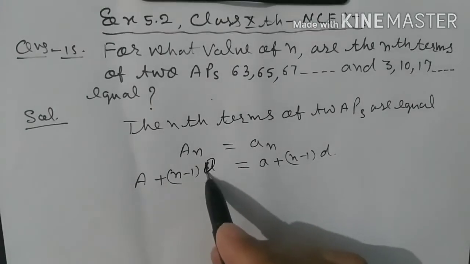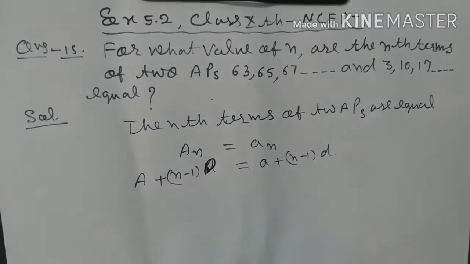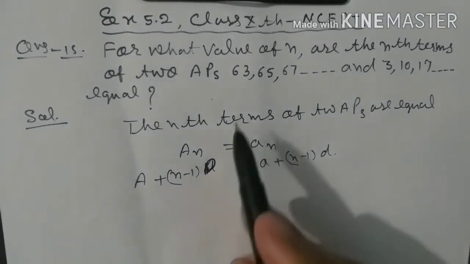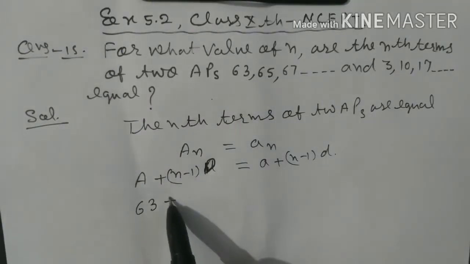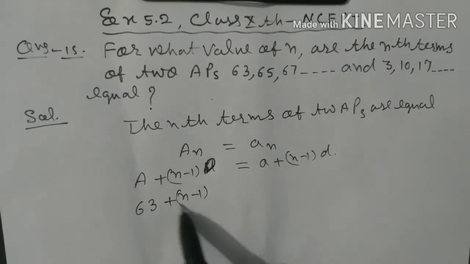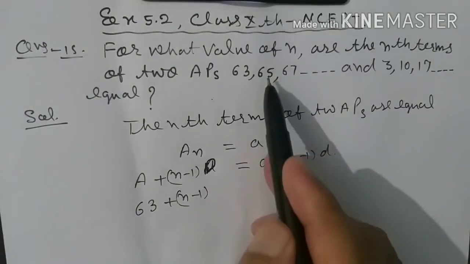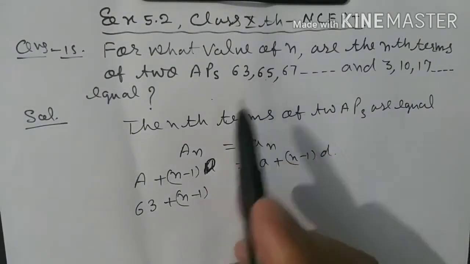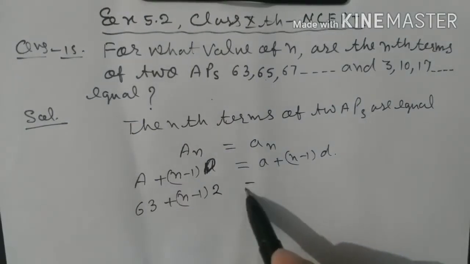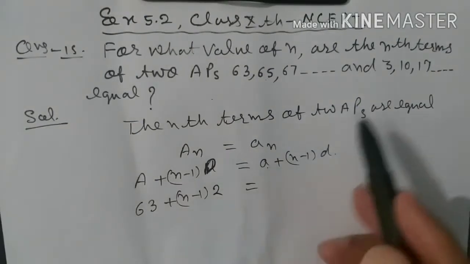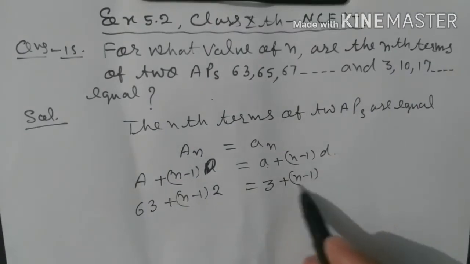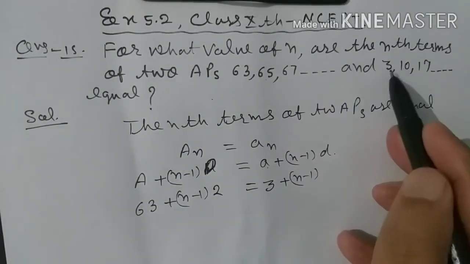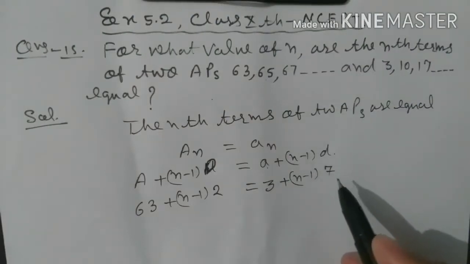Here you can put capital D. Now a is 63 plus n, same means n. D is 65 minus 63, means 2. Now for the second series a is 3 and same d, 10 minus 3, is 7.